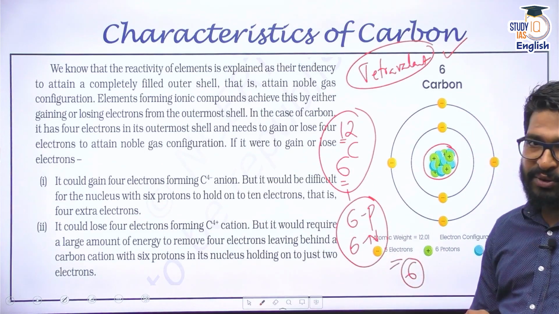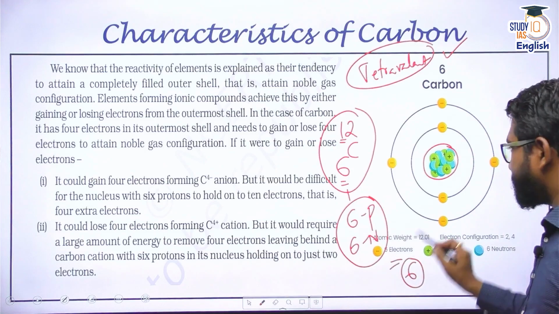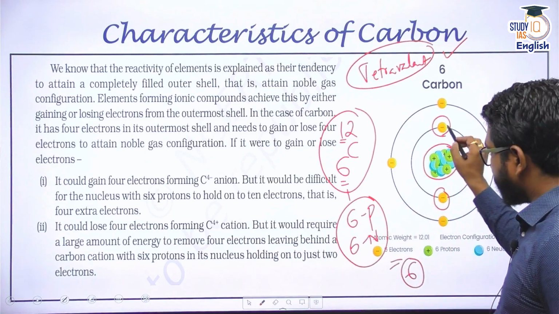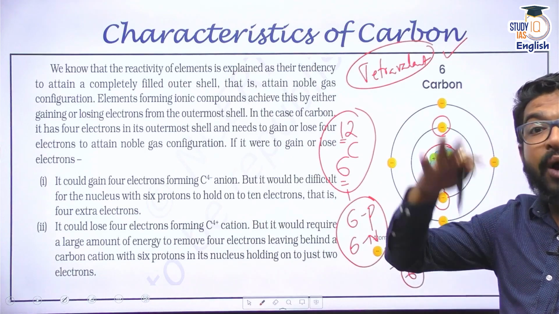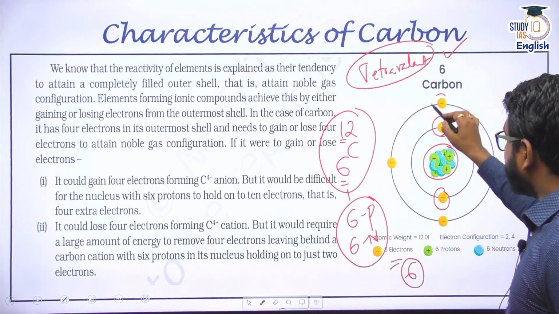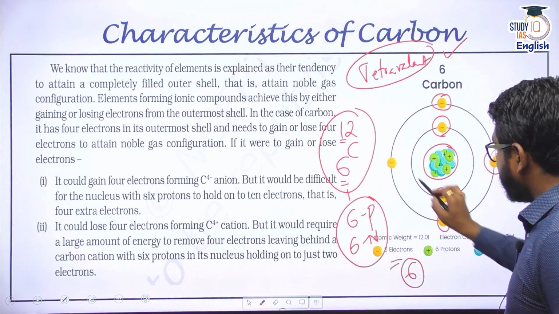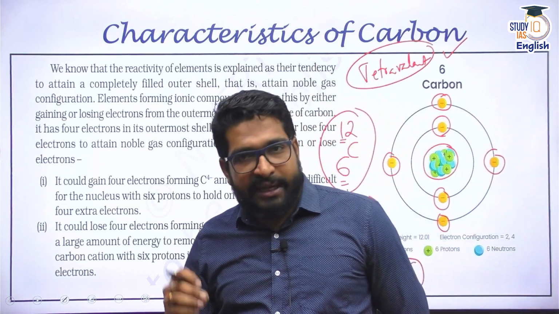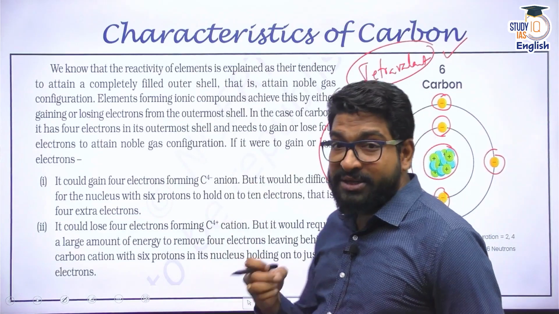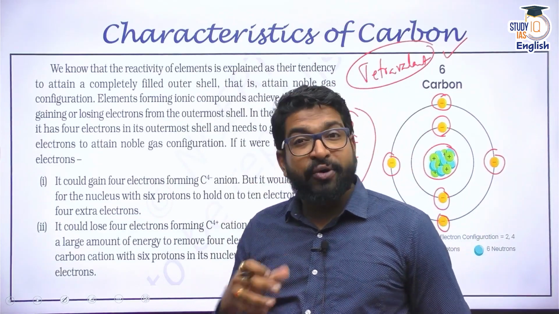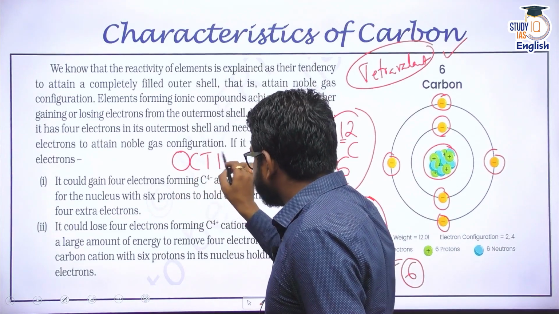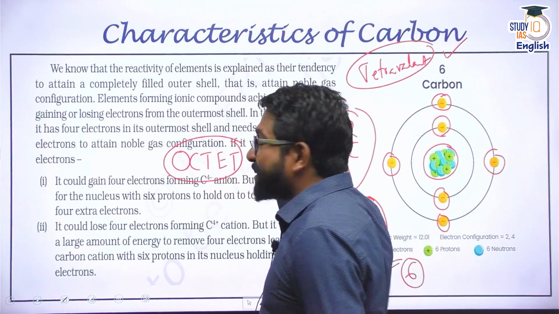Now, you do know that in the K shell, only 2 electrons fulfill the K shell. So, 2 electrons in the first shell, and in the outermost shell, you have 4 electrons. And we have already discussed that every element tries to achieve the stable configuration of the noble gases. That means it tries to achieve that stable octet.